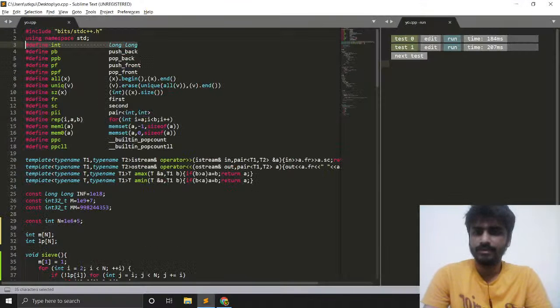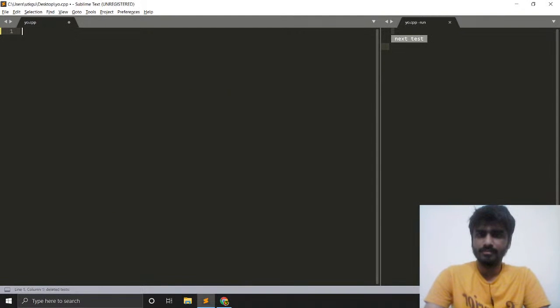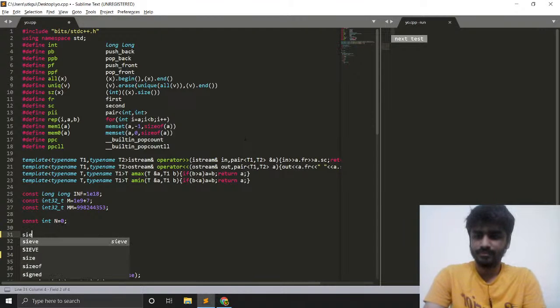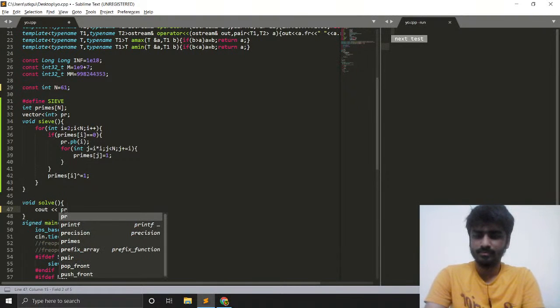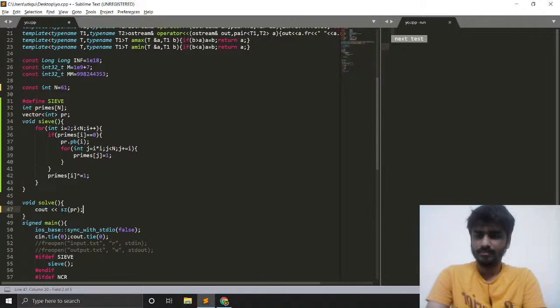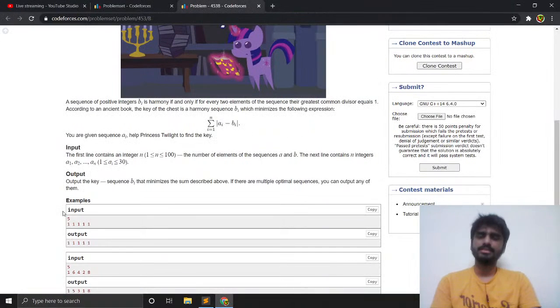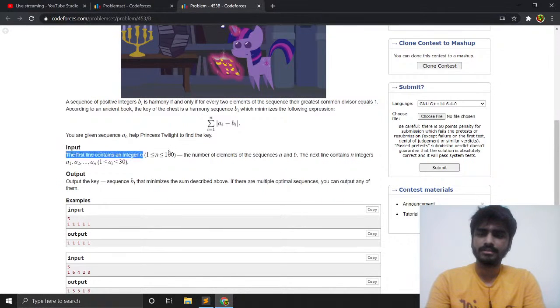Okay, I'll count them myself. Okay, there are only 17 primes that are smaller than 60. I think that's a nice thing. So 2 to power 17 is like 10 to power 5, and we have 100 here.